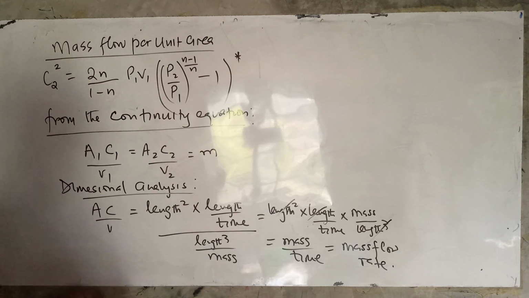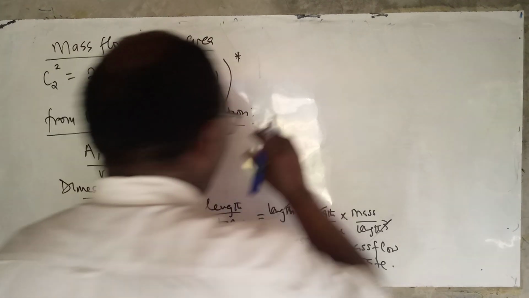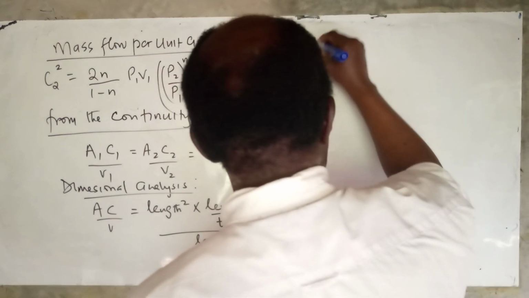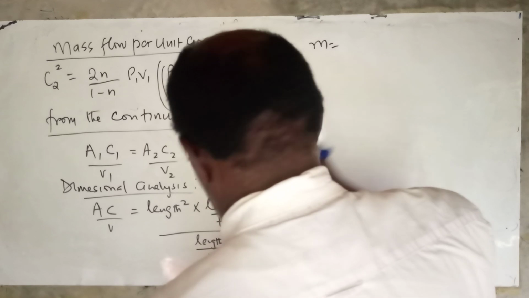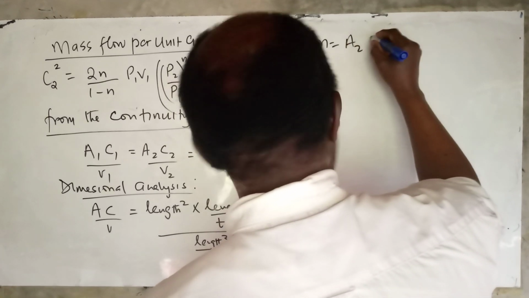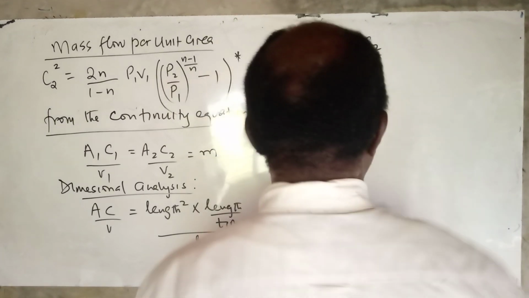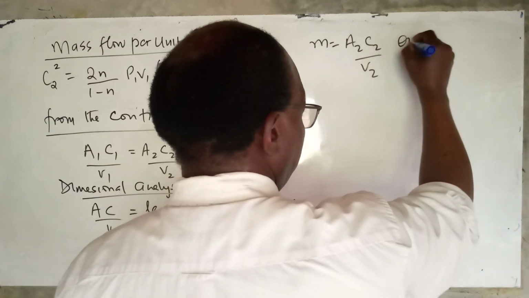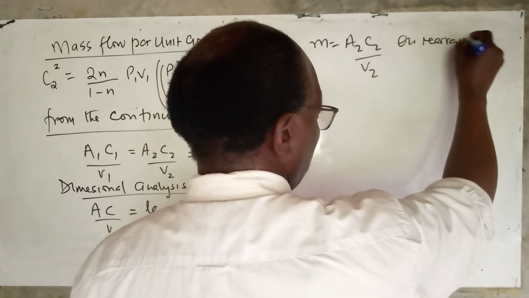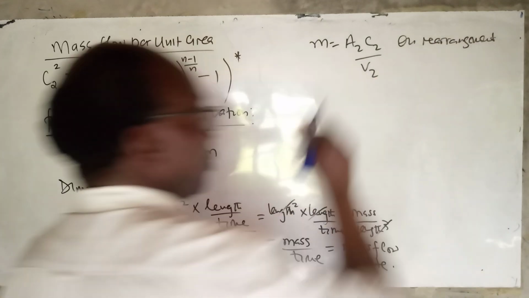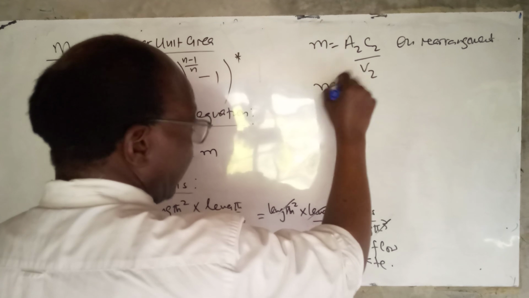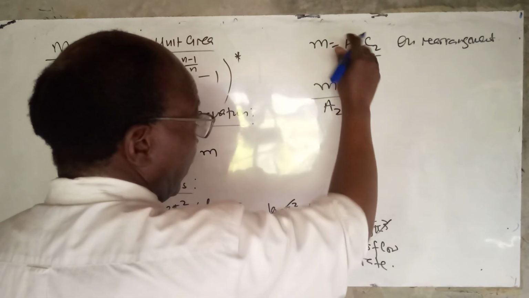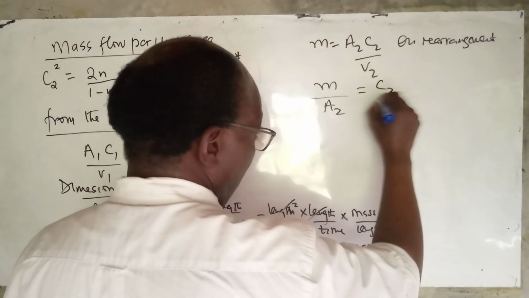So we are talking about the principle of the continuity equation there, and we have the expressions there. So we have mass flow rate is equal to A2 C2 over V2. If we rearrange this expression, very simple arithmetic, so that we get the mass flow per unit area, we divide by area, and we'll have C2 over V2.